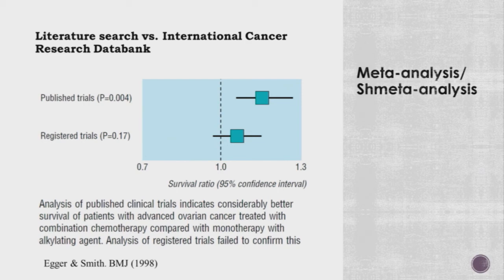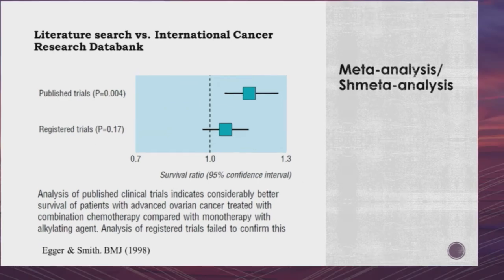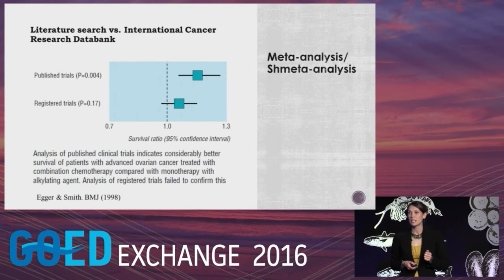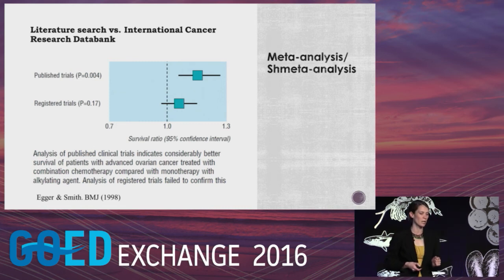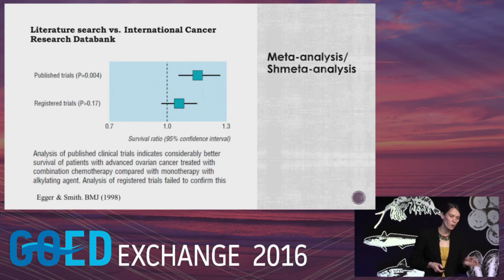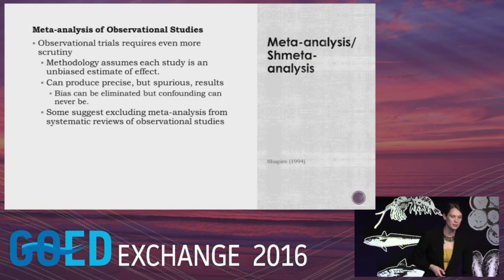But then when you go, and fortunately, there is a central research data bank where every cancer trial is registered. You can go to that data bank. It may take more work because you might need to contact the investigator directly to get the results of that trial if it's not published. But if you do that, it can bring that estimate to a whole different place, okay? So you really need to be aware of publication bias. And what we really want is some registered trials.